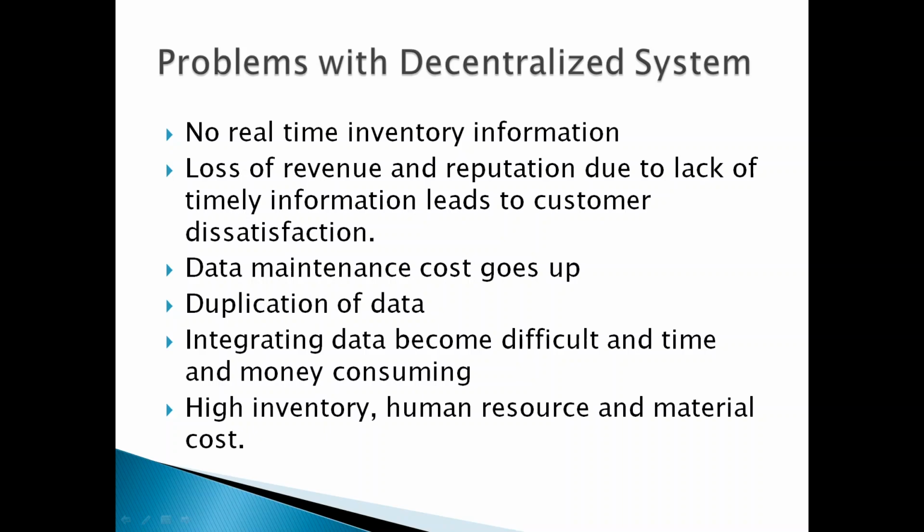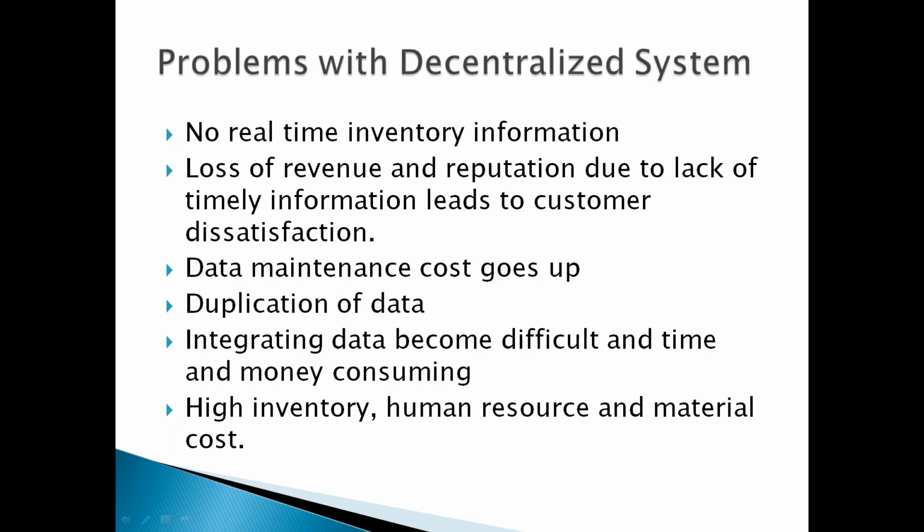So the major problems with decentralized systems are numerous disparate information systems created individually over time, which are difficult to maintain. Integrating the data is time and money consuming. Inconsistency and duplication of data.